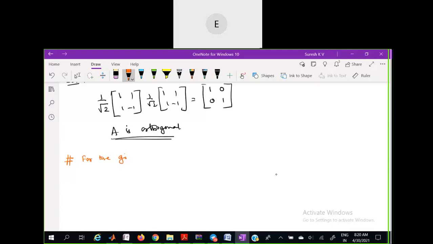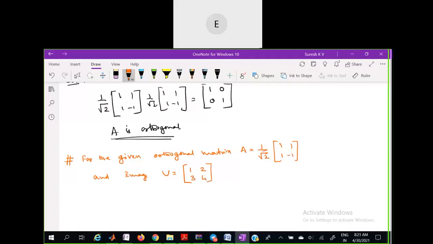For the given orthogonal matrix A, which is given like this, it is the same thing, in fact whatever we have just now tried proving: 1 by root 2 times 1 1 1 minus 1, and image U. Image U is 1, 2, 3, 4.